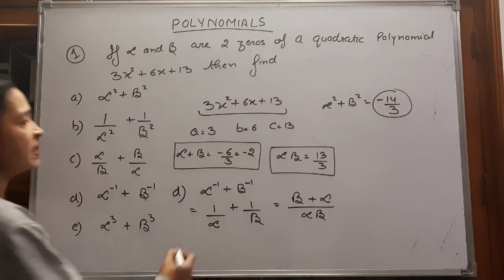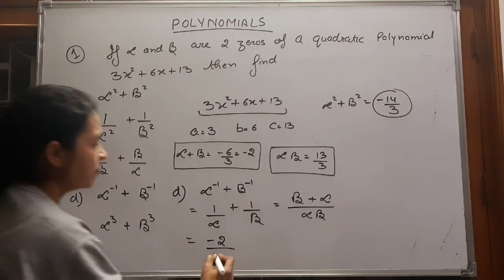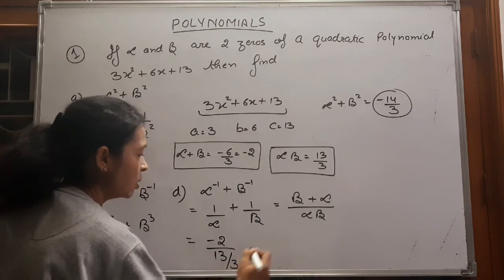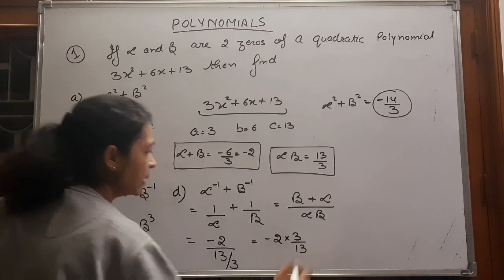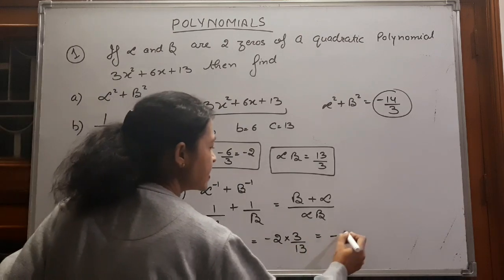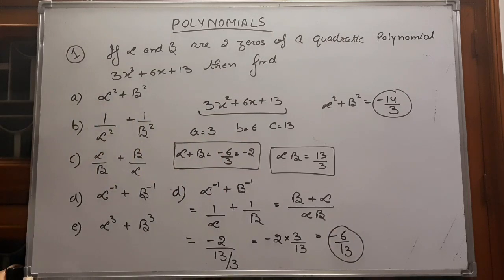What is alpha plus beta? Minus 2, upon alpha beta, which is 13 by 3. We have minus 2 into 3 by 13, that is minus 6 by 13, the answer of our fourth part. Clear? Pause the video and note it down.